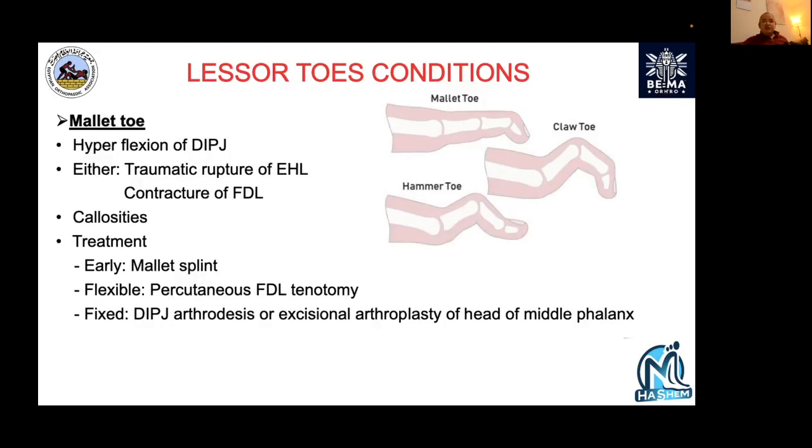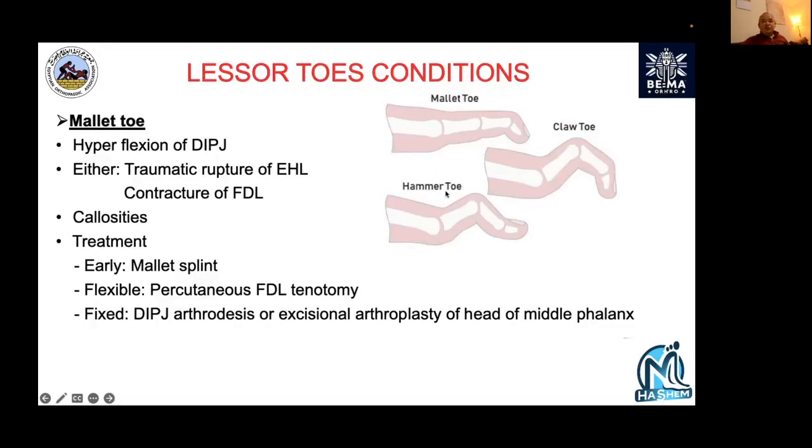Because the MTP is not moved by the long flexors or long extensors, it's just by intrinsic muscles. That's why it moves just as a compensation for what happens in the DIP and PIP. So when the patient has a neurological condition, there is overpower of the flexors, and this ends by the flexors flexing the PIP and DIP, and as a reflection, the MTP joint will be extended. This is how the claw toe happens.